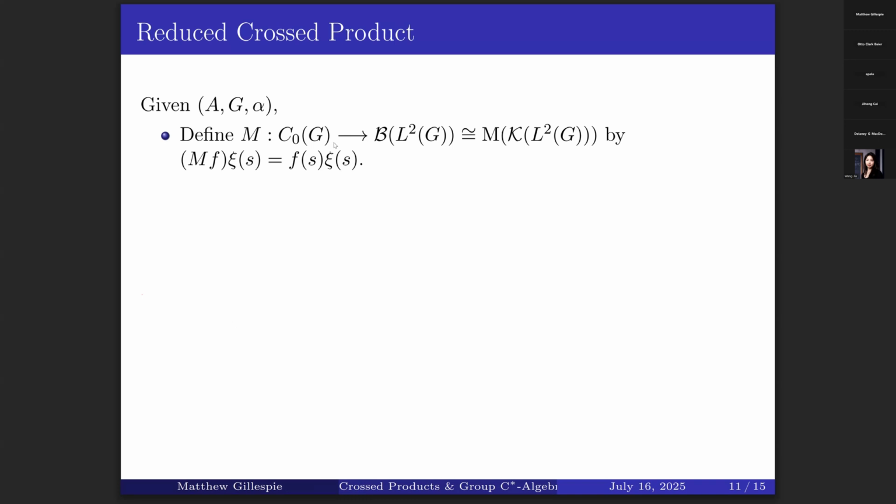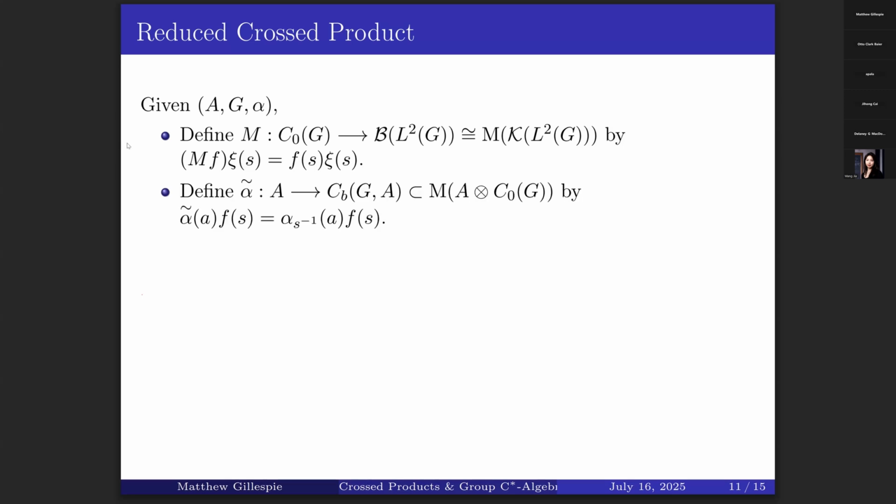All right, so first thing here, I have a multiplication representation of C0, that's just representation by multiplication operators. Given alpha, I am going to define this homomorphism alpha tilde of A into the continuous bounded functions of G into A. Again, by a clever identification, this actually sits inside of the multipliers of this tensor product here. Here's the formula of how it works. Nothing special, really.